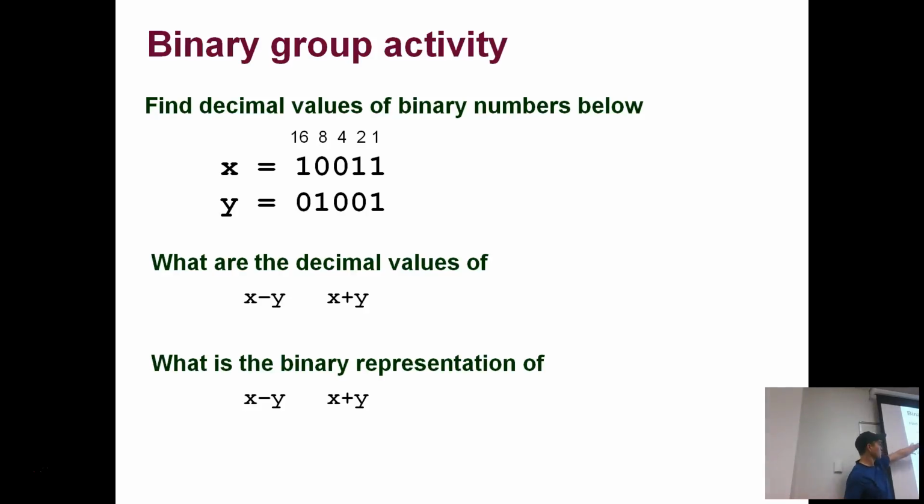Decimal values of this, decimal values of that, and then binary values of what you just calculated up there. You can do it any way you want, as long as it's correct. There isn't a single correct way.